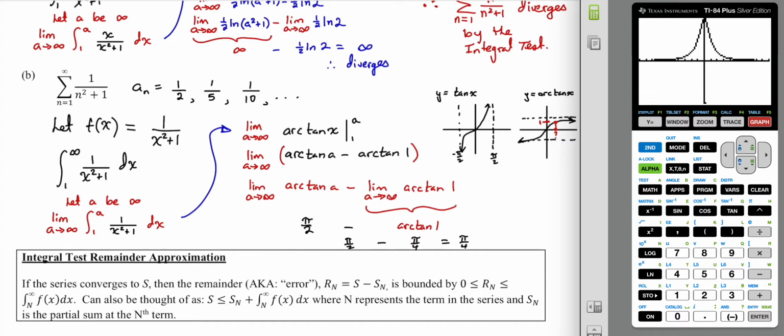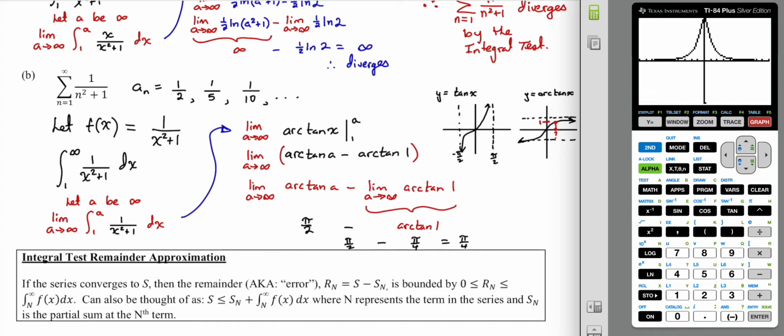But we also didn't answer the question. So what are we talking about? Well, the limit converges onto this particular value. So it converges.